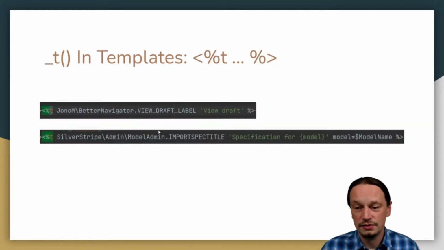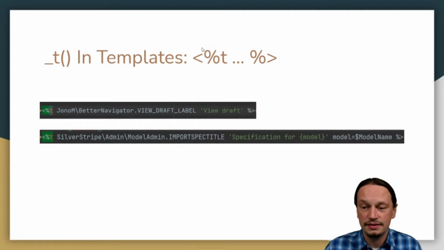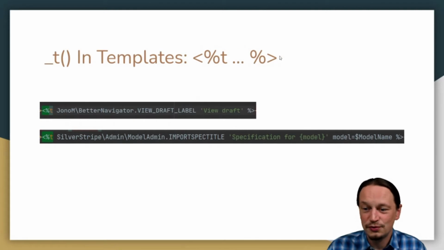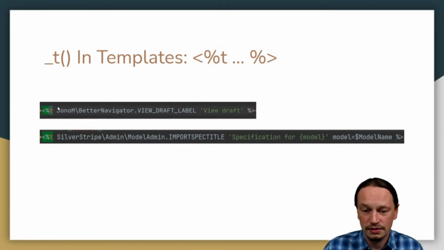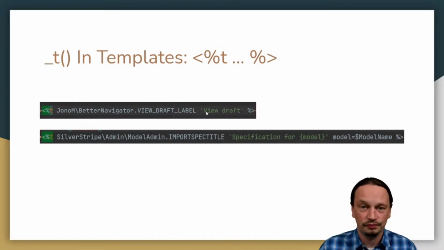We can, of course, translate stuff in our templates. Then we have this kind of syntax in the template, similar to the loop and with syntax, and then it looks like this here. So we have here the module or the class and the key, and here we provide the default translation.